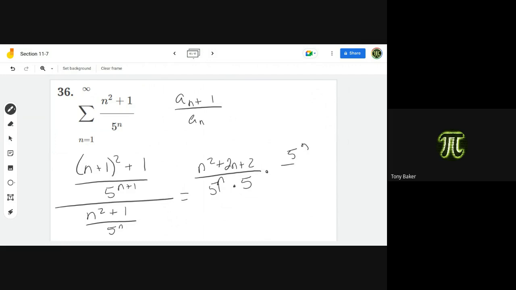Times 5 to the n over n squared plus 1. So that goes to, I cancel out the 5 to the n's. So I get 1/5, which I'll just pull out, times n squared plus 2n plus 2 over n squared plus 1.